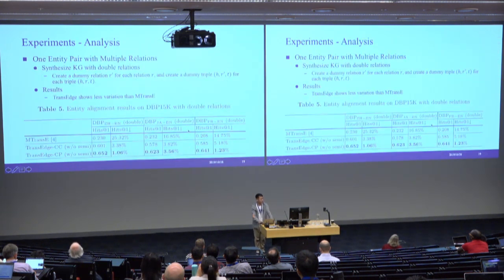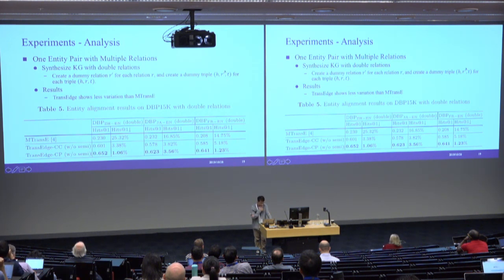We also further analyze the embeddings to see whether TransEdge can model complex structures. First, we consider one entity pair with multiple relations. We synthesize a KG with double relations. That is to say, for a triple HRT in the original knowledge graph, we create dummy triples HR'T, where R' is not a relation in the original knowledge graph.